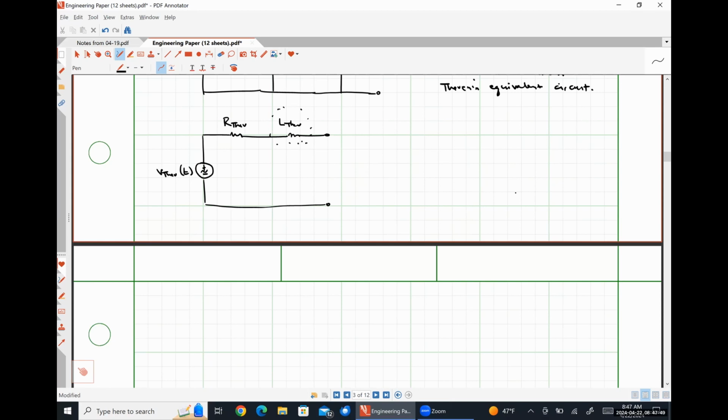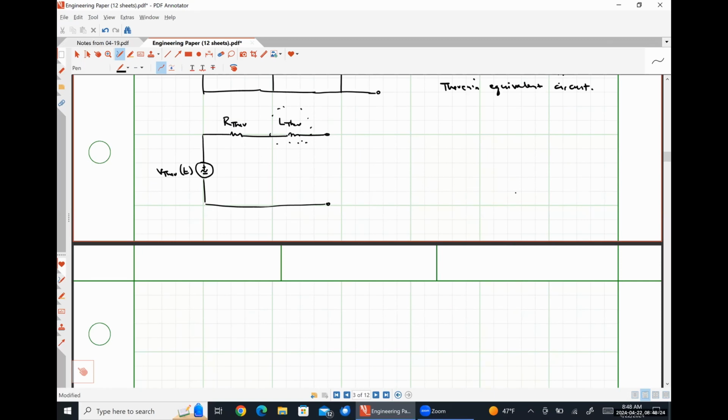All right, so how are we going to find our Thevenin voltage? How do we find the Thevenin voltage in a DC circuit? What is the definition of a Thevenin voltage? So say that again, please, so I can tell you you're wrong.